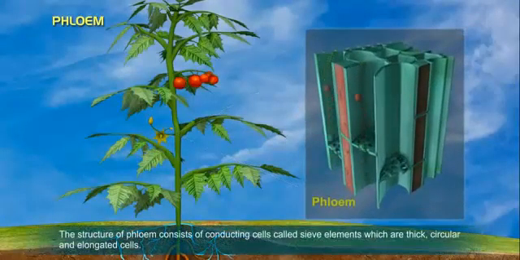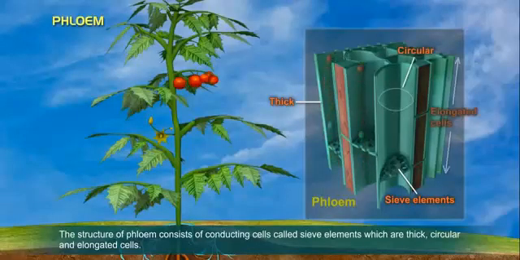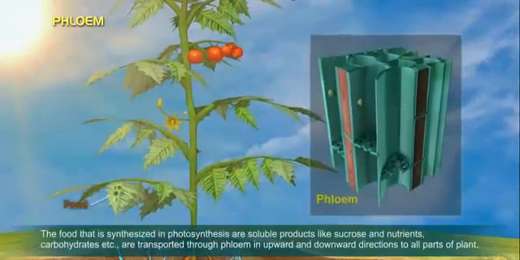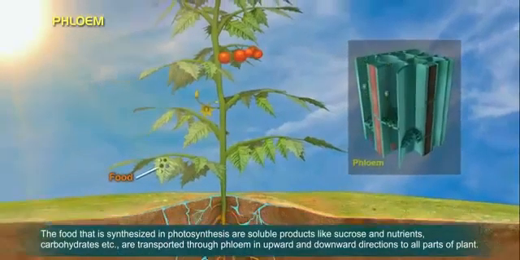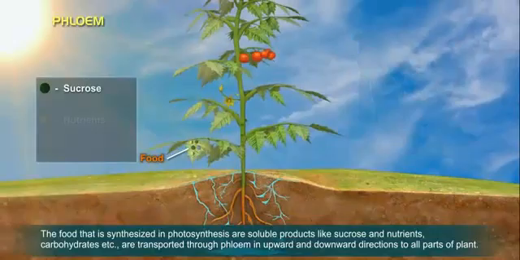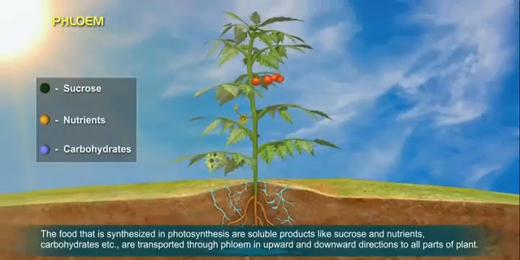The structure of phloem consists of conducting cells called sieve elements, which are thick, circular, and elongated cells. The food that is synthesized in photosynthesis consists of soluble products like sucrose, nutrients, carbohydrates, etc. These are transported through phloem in upward and downward directions to all parts of the plant.